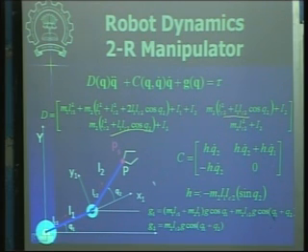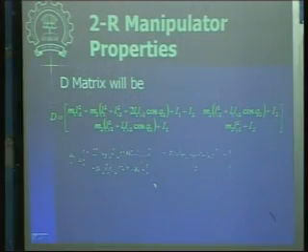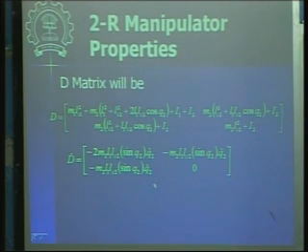Now next we will see one more property. What if we differentiate this D and find out what D dot is? So this is our D matrix, and we find D dot now. When doing the differentiation, only this term will contribute, all other terms are constant.